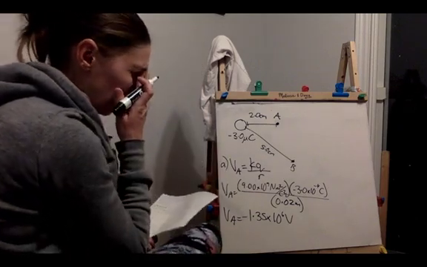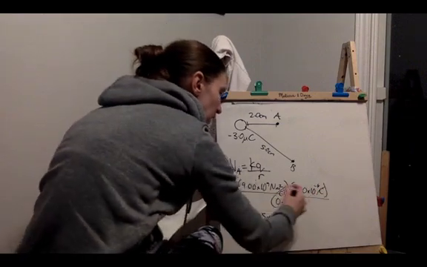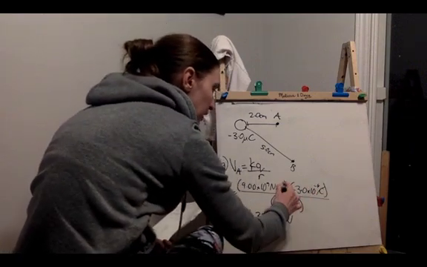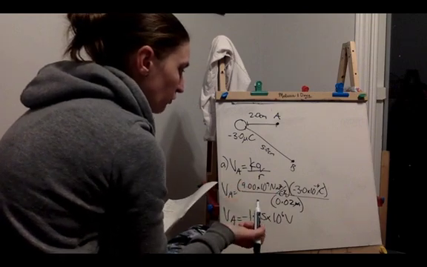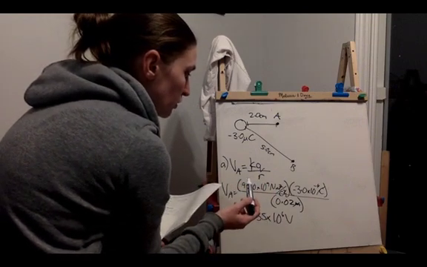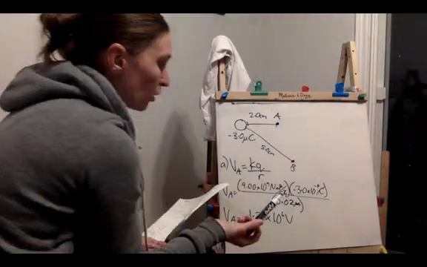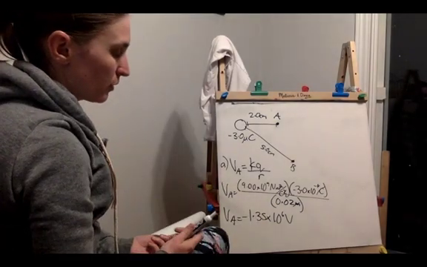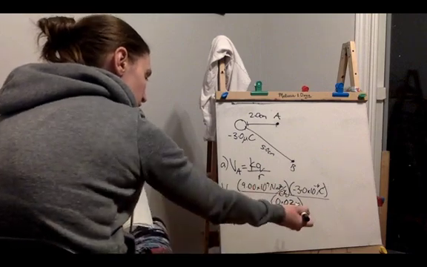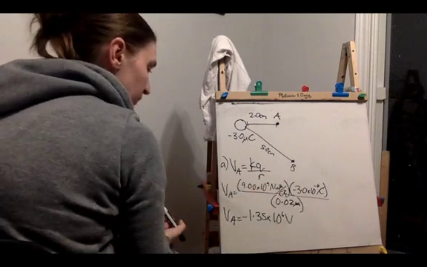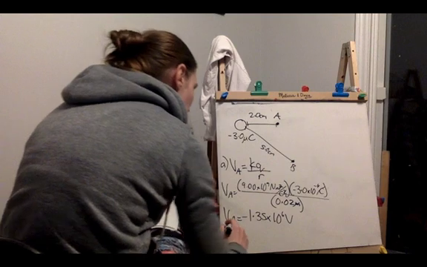Or if we again looked at that unit analysis, that cancels with that, cancels with that. So it's Newton meters. Okay, so I had that wrong before, but it was Newton meters per Coulomb, or that would again be just joules per Coulomb. Okay, so there's our electric potential difference for A.